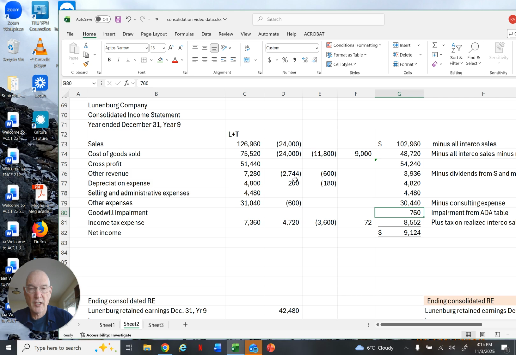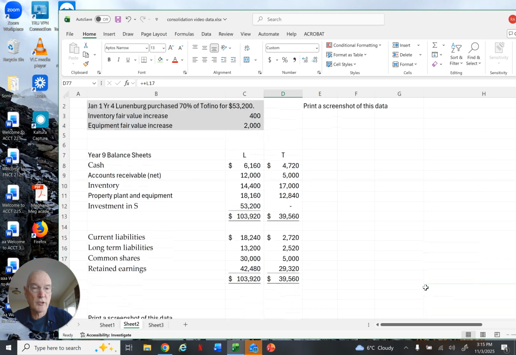First of all, depreciation. So for depreciation expense, this $200 comes from the original fair value increase to equipment when we took over this company. So I do want to show you that one.